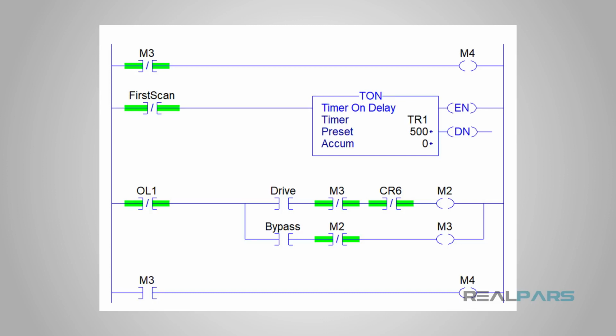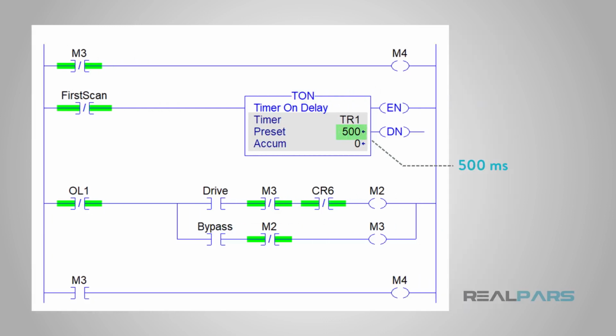In the ladder logic program, we must specify all the different needs for a timer. In our Allen Bradley ladder logic, we have an on-delay timer, which is labeled TON. The amount of time it delays is specified in milliseconds, so the half-second timer in our example becomes 500 milliseconds.